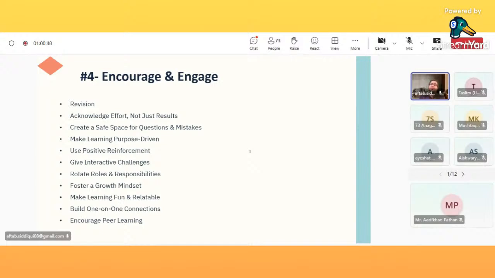And then rotate roles and responsibilities. What is this? You can assign different students to lead discussions. Today maybe you can make groups, like I said initially, group A, group B, group C, and just assign roles and responsibilities.